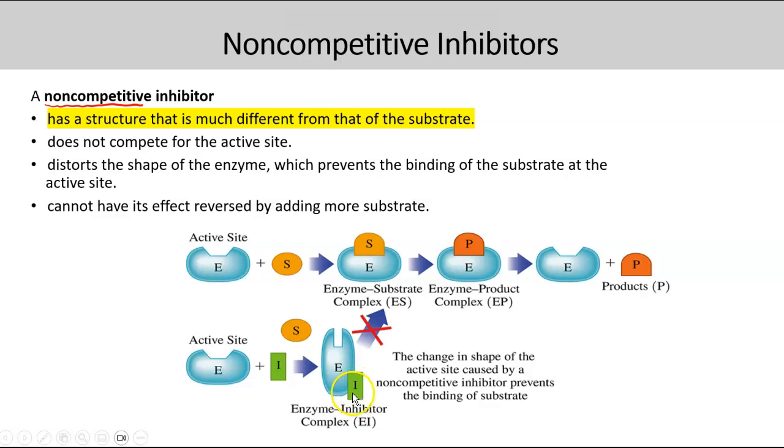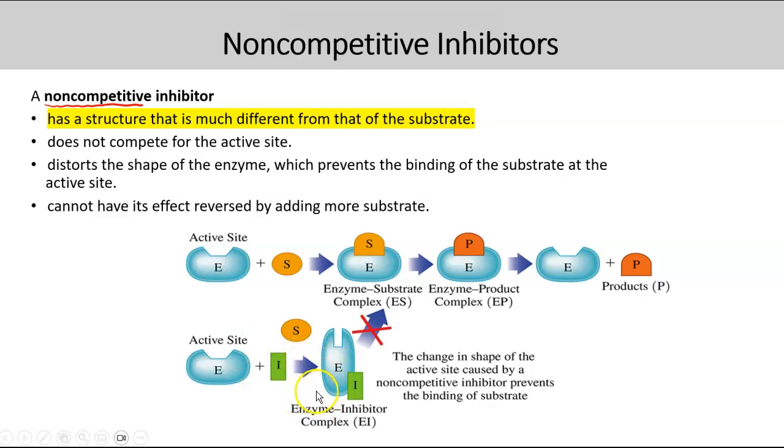The binding of the non-competitive inhibitor to the enzyme, even though at a different site, changes the shape of the whole enzyme. That prevents the substrate from binding to the enzyme. Its effect cannot be reversed by adding more substrate, so adding more substrate is not an option to overcome the inhibition.